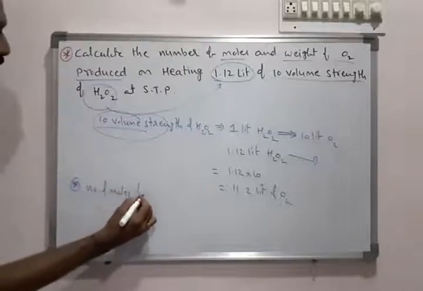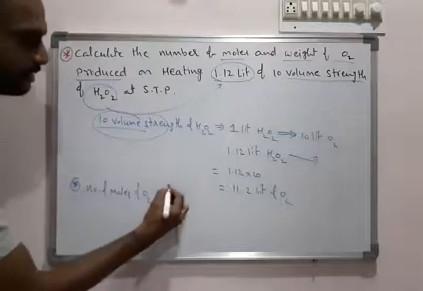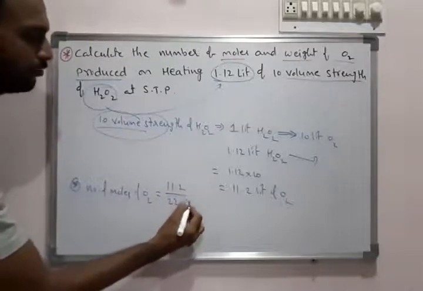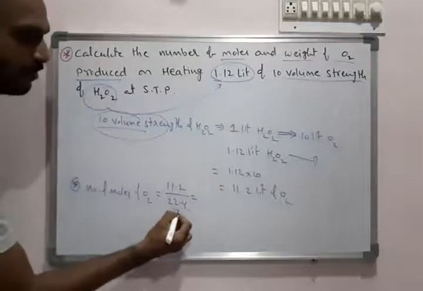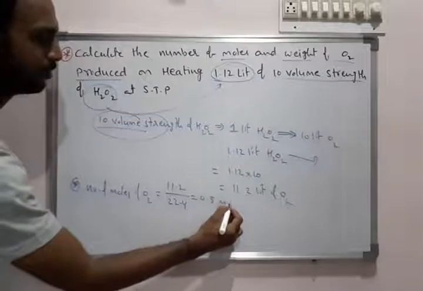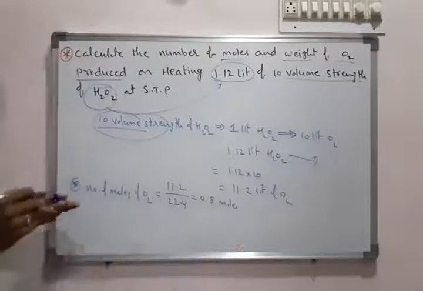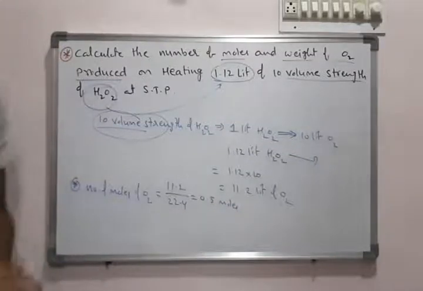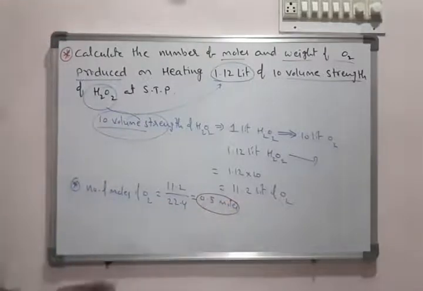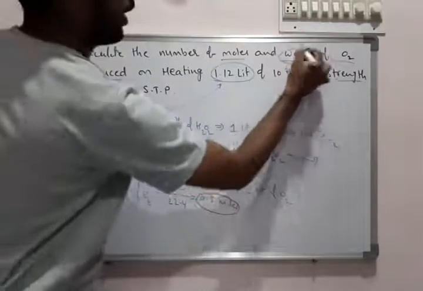The number of moles of oxygen at STP: there is 22.4 liters at STP, so 11.2 liters gives 0.5 moles. So here we got 0.5 moles of oxygen.